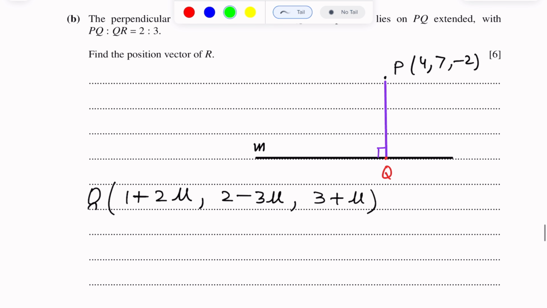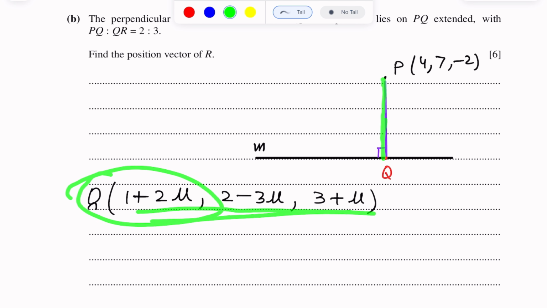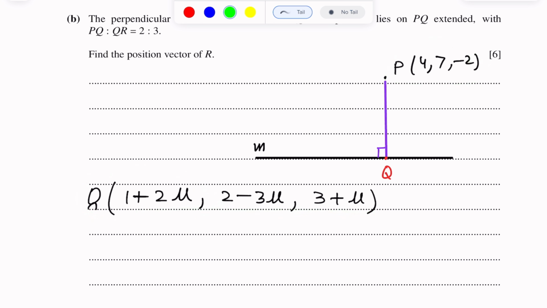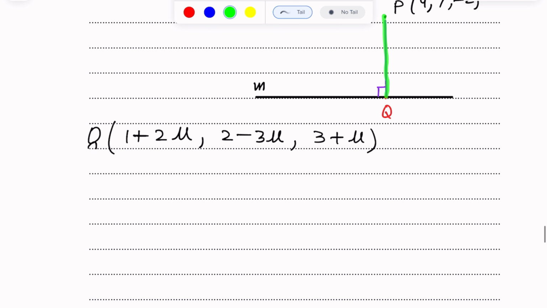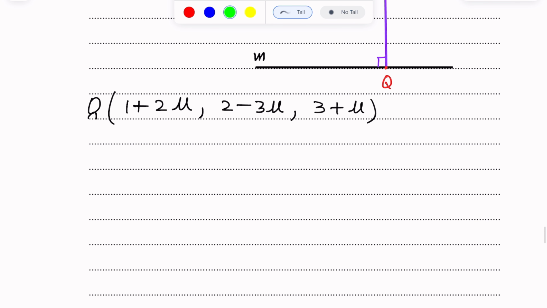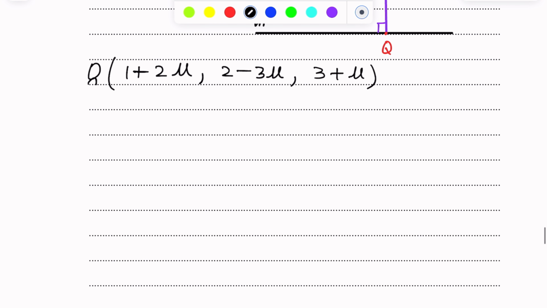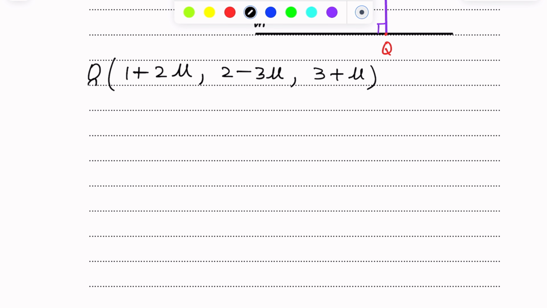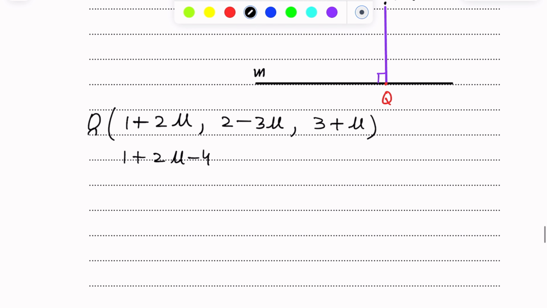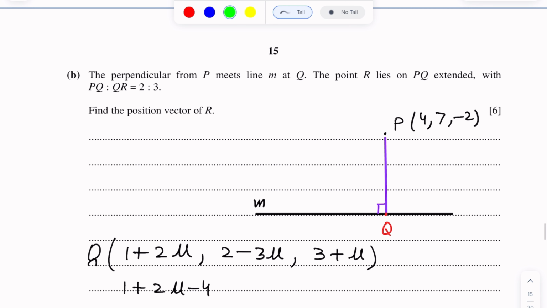Now the direction vector of PQ: we will subtract these 2 points, and we get the direction vector of PQ. So direction vector of PQ will be, subtracting x coordinates, 1 plus 2 mu minus 4, this minus this.